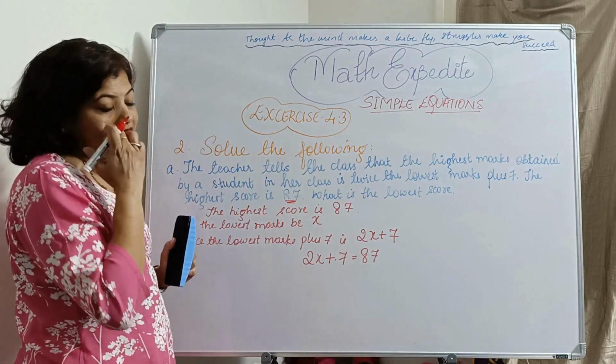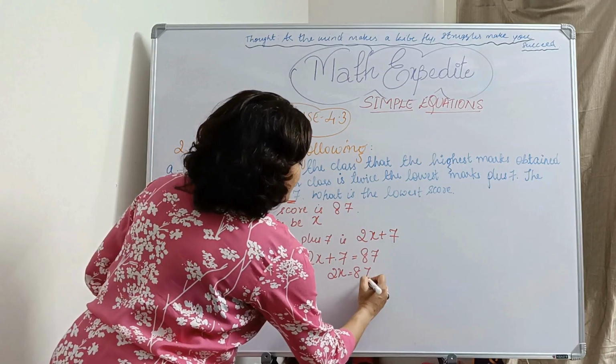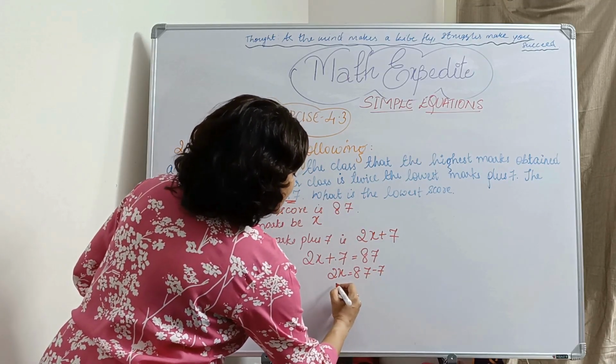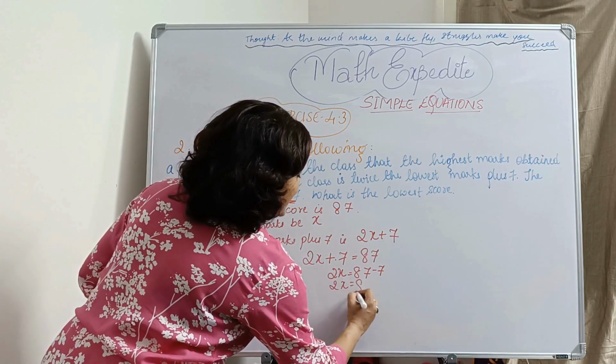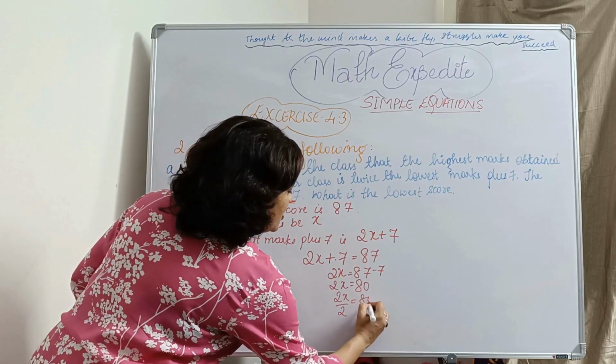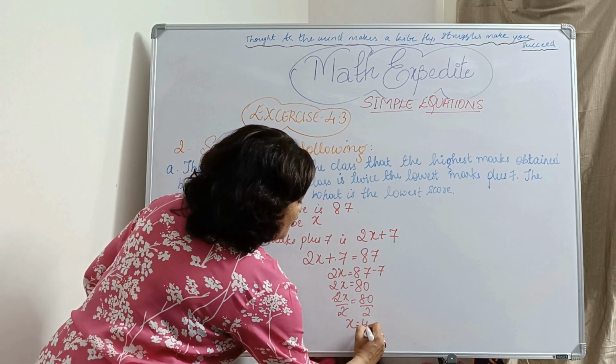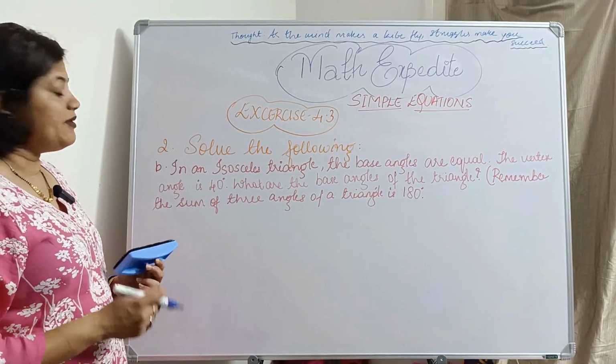So, this is the equation. Let us solve this. How do you solve? 2x equals 87 minus 7. We are transposing 7, then we are getting 2x equals 80. Now we divide both the sides by 2. Okay, so 2 gets cancelled. X equals 40.